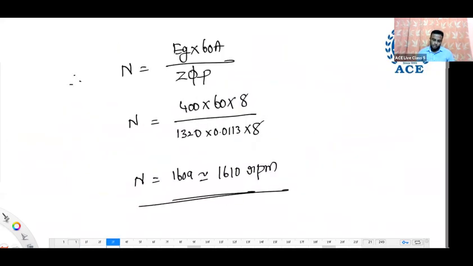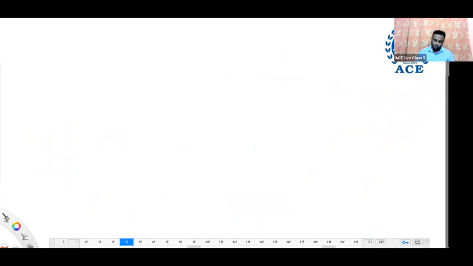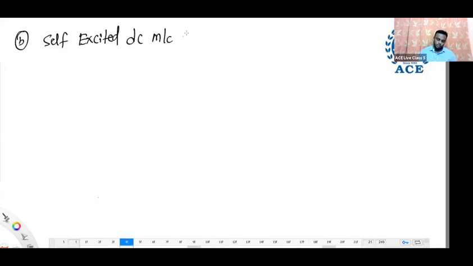Okay, next, the self-excited DC machine. Separately excited we have completed yesterday. Now the self-excited DC machine. In self-excited, again there are mainly 3 types: DC shunt, DC series, DC compound.